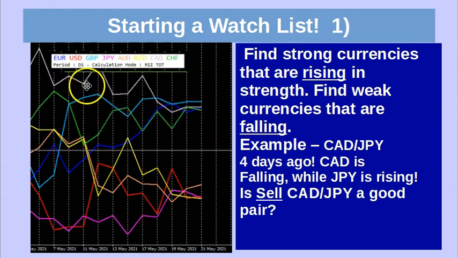Okay, so you can see this line right on top, that is the CAD. Then this light blue line is the British pound.